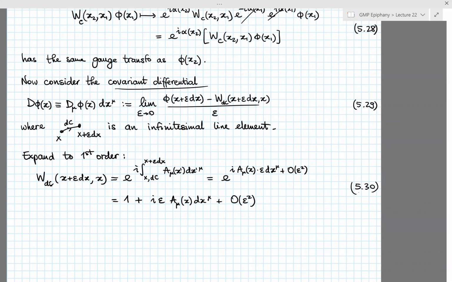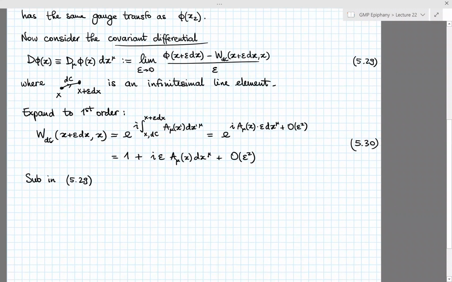Okay, now let's substitute this back in 5.29 and multiply. We'll also have to Taylor expand phi of x plus epsilon dx. And we find the following expression for the gauge covariant differential. We'll have the limit as epsilon goes to 0 of 1 over epsilon times phi of x plus epsilon dx. When we Taylor expand, it becomes phi of x plus epsilon d mu phi of x dx mu plus order epsilon squared.